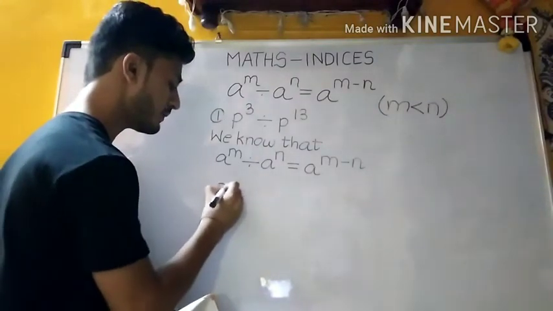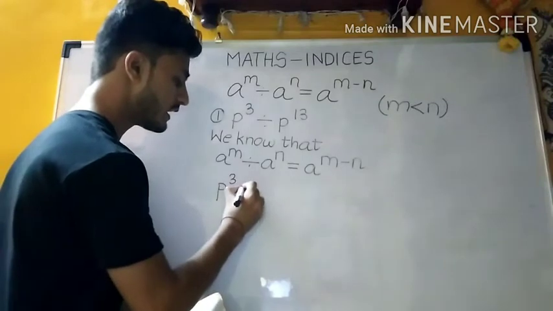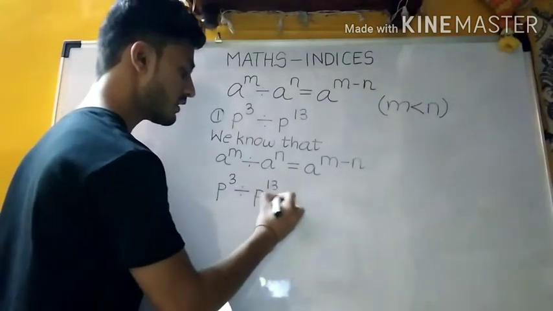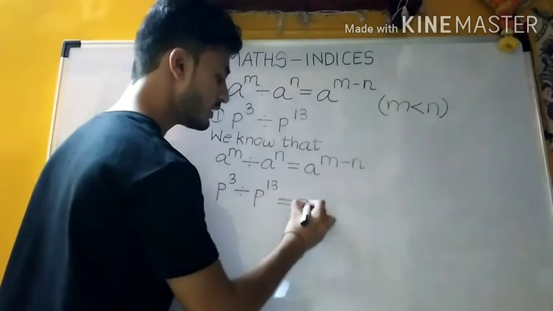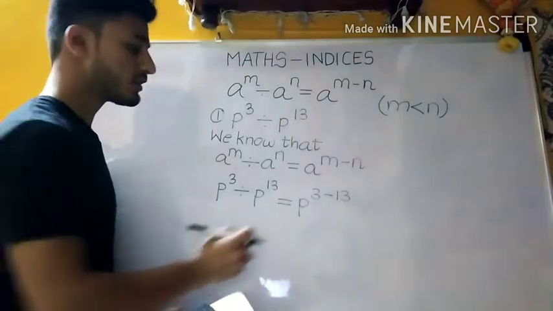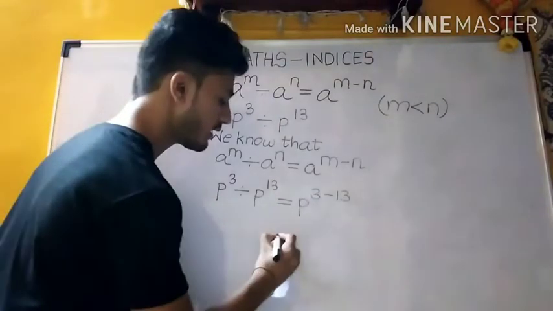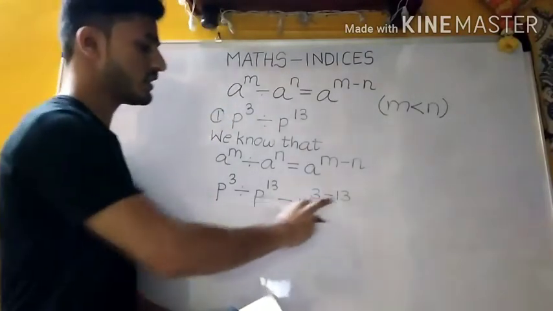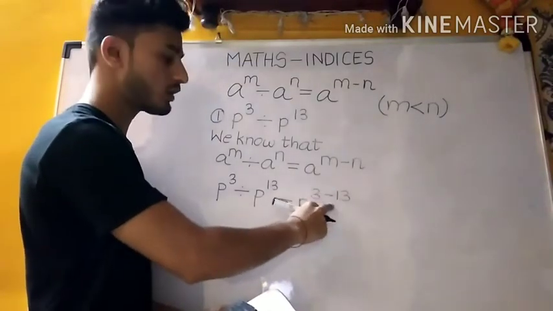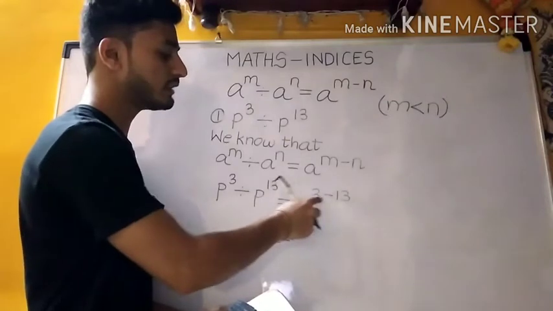So it will be P raised to the power 3 divided by P raised to the power 13 is equal to P raised to the power 3 minus 13. So again what we will do here is, since 3 minus 13 is not possible, do the ulta, or the opposite. So it will be 13 minus 3.